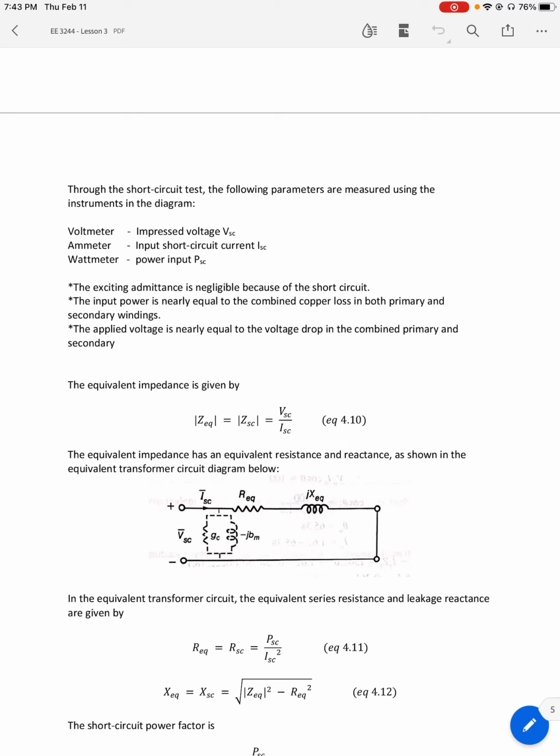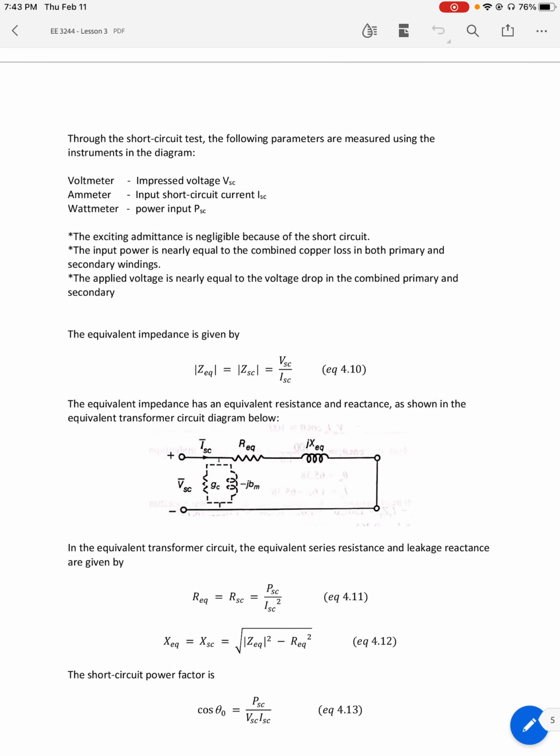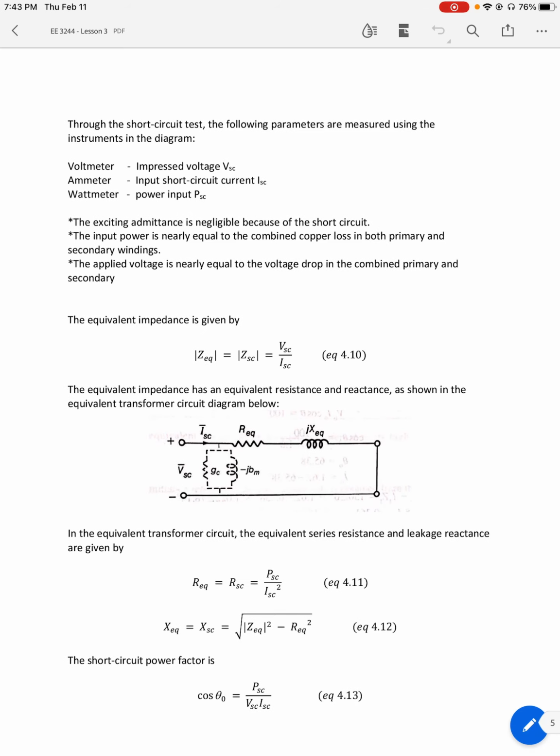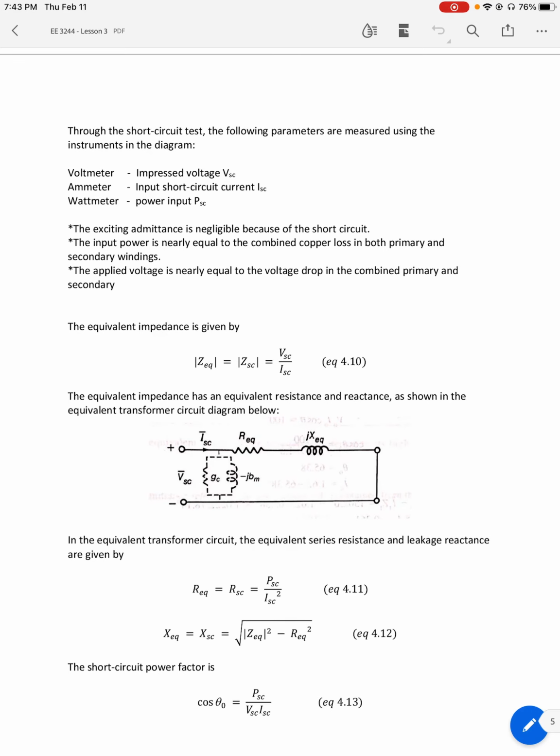Kani siya na mga solving is intensive jud sa formulas. Gihatag na siyang formula para dali lang ta maka-solve, okay? Then the short circuit power factor is solved using equation 4.13, dividing the short circuit power PSC by VSC and ISC, or the impressed voltage and short circuit current. Dali lang kayo na siya subayon.